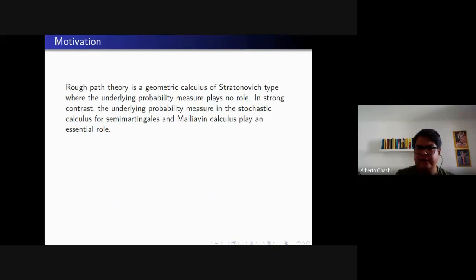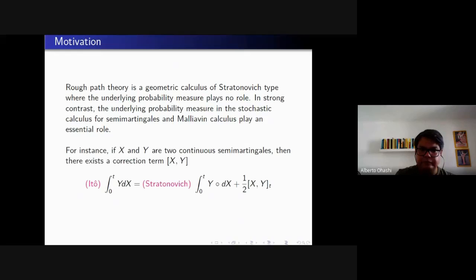So the probability measure plays a role in those integrals. For instance, like Christian said this morning, if X and Y are two continuous semi-martingales, then there exists a correction term, which we call the quadratic variation of X against Y, where you can transform the Ito integral into the Stratonovich integral plus some correction term here.